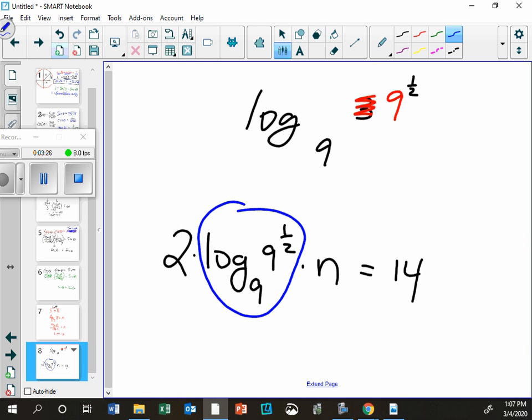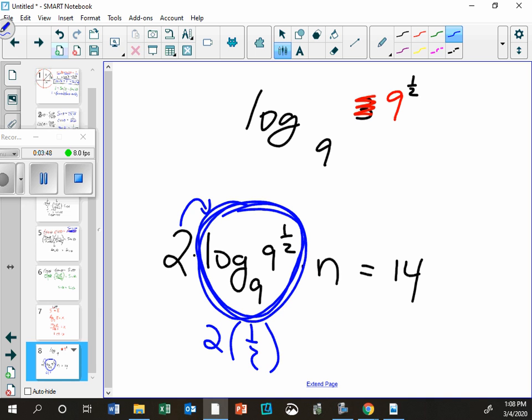It's the same exact thing as a 1/2. So then I can go 2 times a 1/2. What is 2 times a 1/2? 1. And then 1 times n makes n, so n equals 14. You got to be able to see a log in the middle of another problem and go, oh, this can be simplified to just 1/2. So this is 2 times a 1/2 times n equals 14.